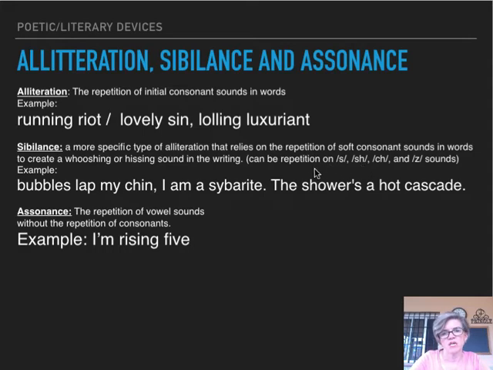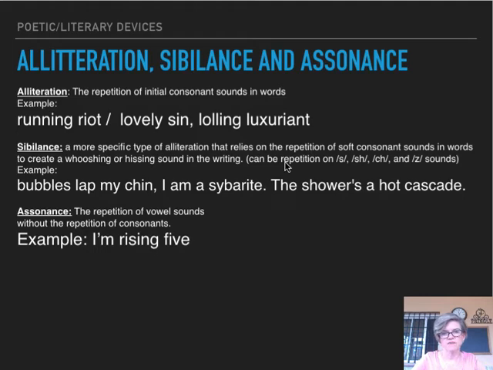Now, these can be the S sound, the sh, ch, z. Any of those sounds, if they are grouped closely together in lines of poetry or even in prose, create this effect called sibilance.